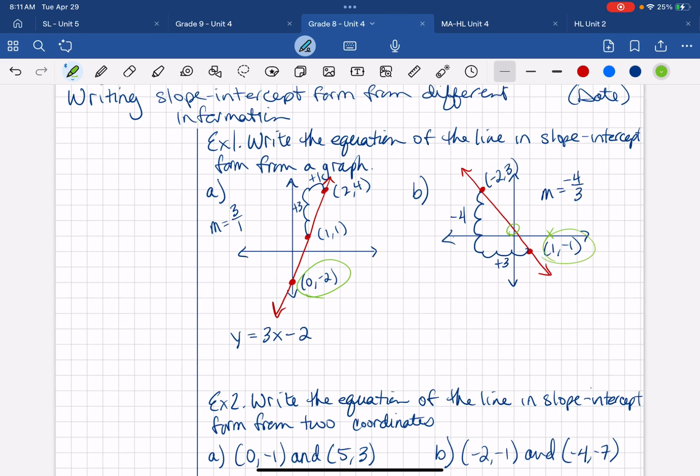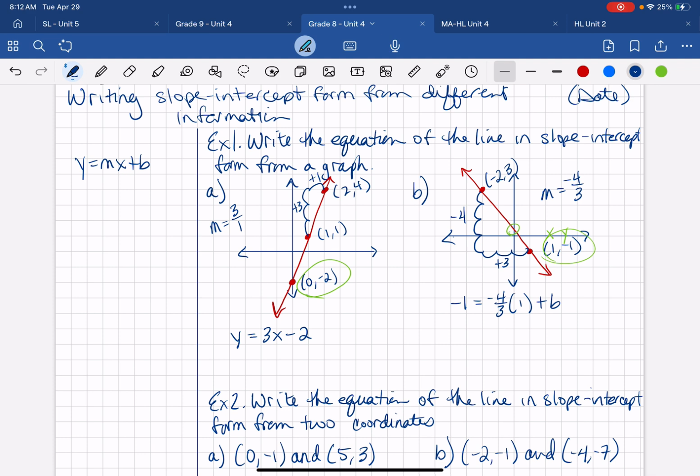And I'm going to assume that the 1 is my x and the negative 1 is my y. So when I plug those into my equation, y equals mx plus b, I'm going to say negative 1 equals negative 4/3 times 1 plus b, so I can find my y-intercept.